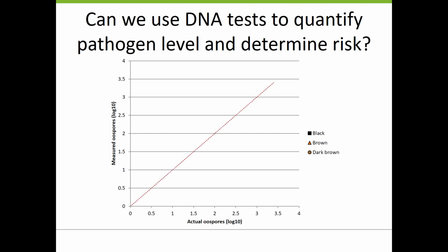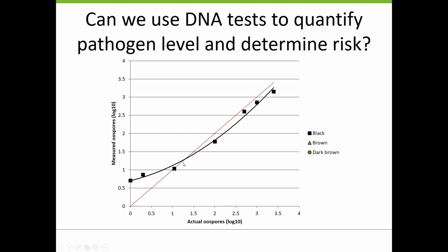And on this graph here, what we have is our actual oospores. So this is what we added to the soil. And then here on the y-axis, this is our measured oospores. So this is what we measured back using our DNA test. And if it was a perfect relationship, we would expect the line to fall somewhere along here. And so I'm going to break this down for the 3 different soil zones.